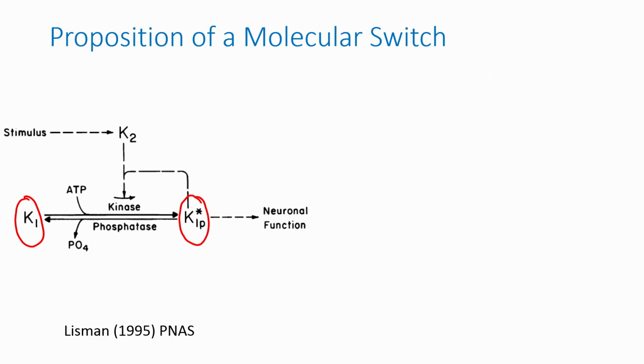Now, in living systems, we have both these reactions possible: the forward reaction where this molecule gets phosphorylated through addition of a phosphate group and becomes activated, and they can also be dephosphorylated by a set of enzymes called phosphatases. There are kinases which add the phosphate to make the molecules activated, then there is a set of enzymes that can take away this phosphate and revert it back to the original state.